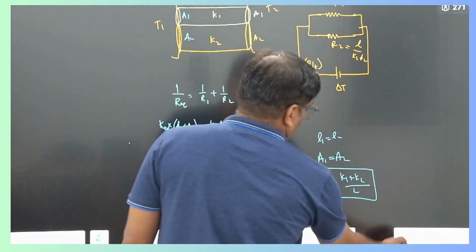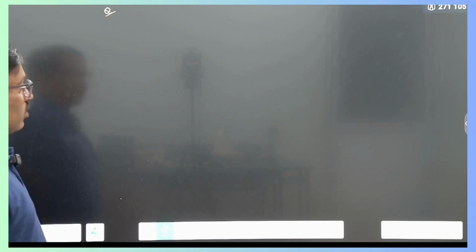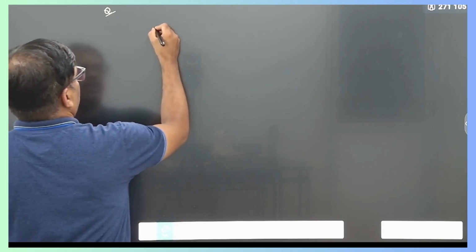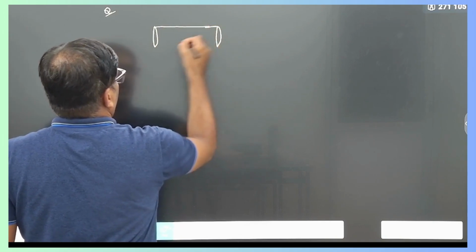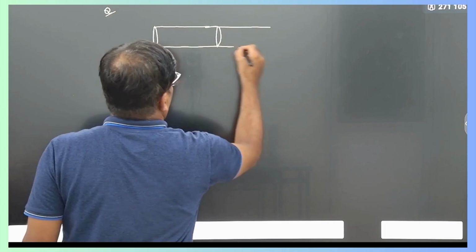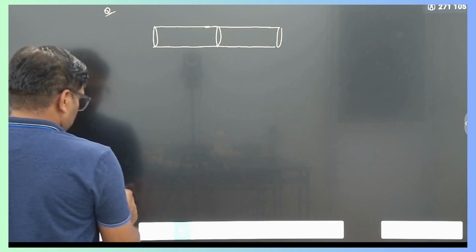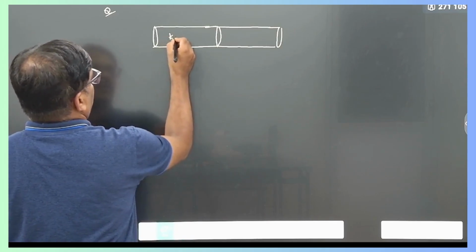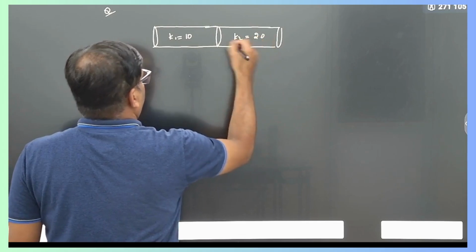We'll see one question here now. We'll solve some questions on this. Suppose we take this question. There is one rod, and another rod. K1 is equal to 10 SI unit, K2 is equal to, suppose, 20 SI unit.